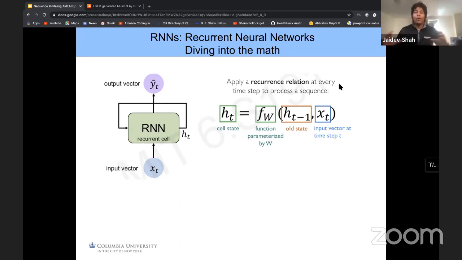And this is a boiled down version of talking about this, right? So ht, the hidden state, is equal to some function of the old state. Think about this, this is the Markov assumption we saw earlier. My current hidden state is only dependent on the last state and the input vector at this current time step.